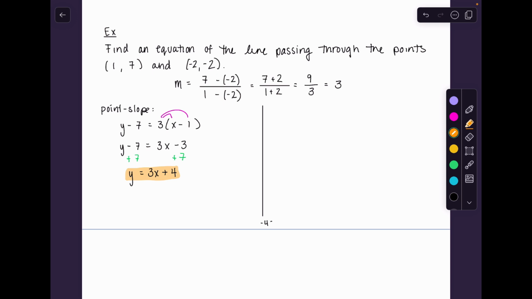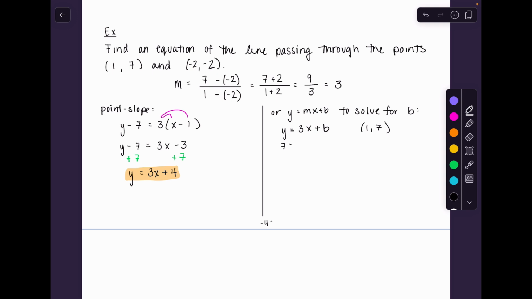But if you don't like this approach, we're going to use y equals mx plus b to solve for b first. Okay, so we know y is equal to 3x plus b. Now I'm going to use the point (1, 7) because, again, that's just a cleaner point to work with.